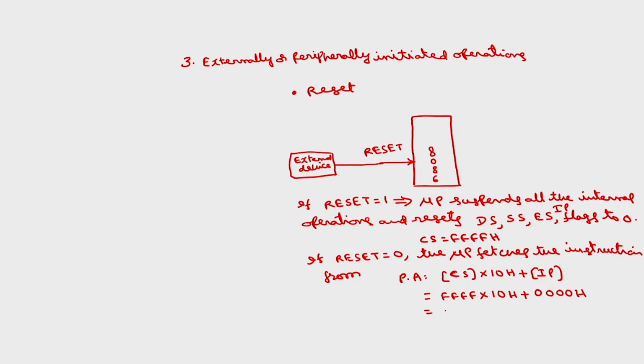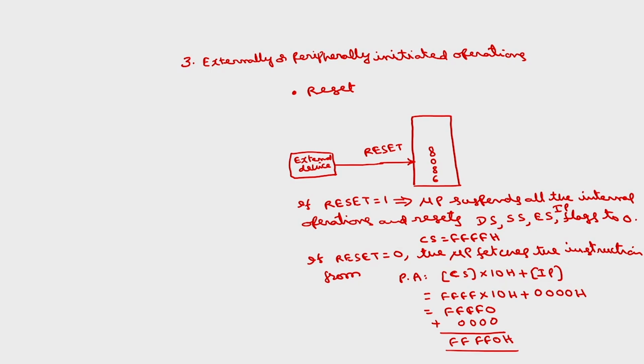Therefore the address becomes FFFF0H plus 0000H, which is FFFF0H. So the microprocessor fetches the instruction from this address location.